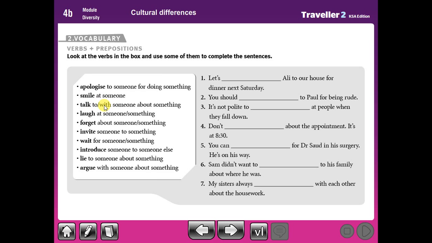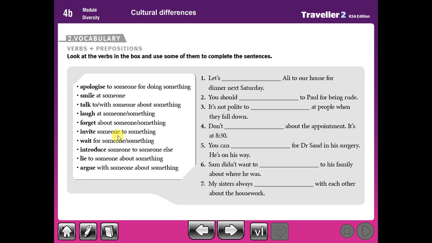Talk to, we can say talk to, or we can say talk with someone about something. I talk with Adil about the football match. Laugh at someone or something. Forget about someone or something. I forget my mobile phone.